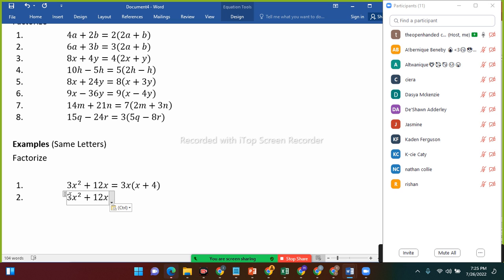So let's say we have 4x squared plus 16x. I hate to use 16, let's say 20. Jasmine, can you help me with this? How do we do it?